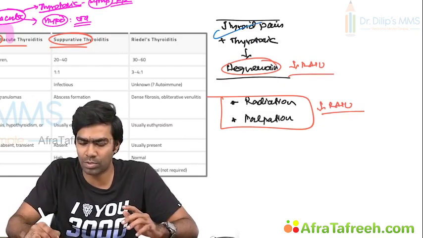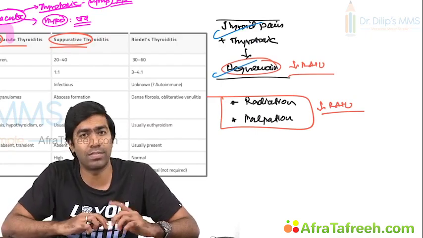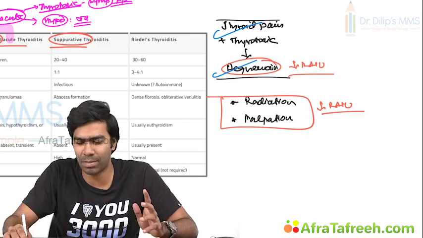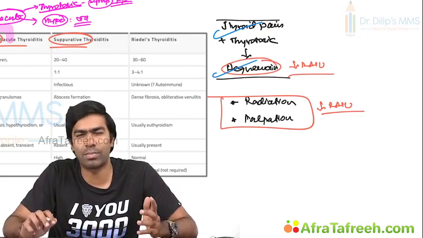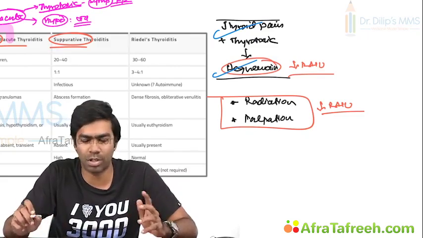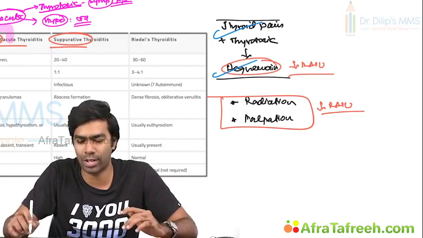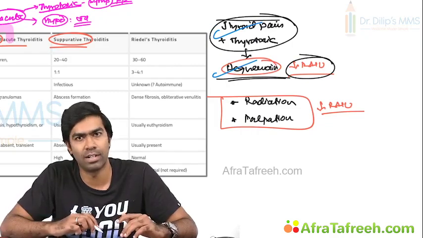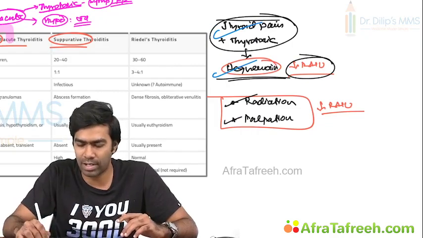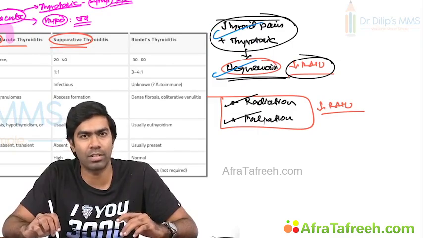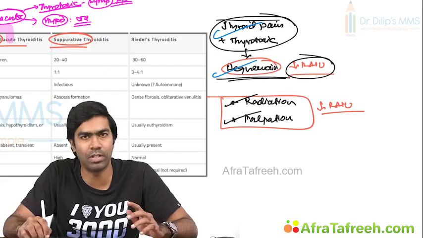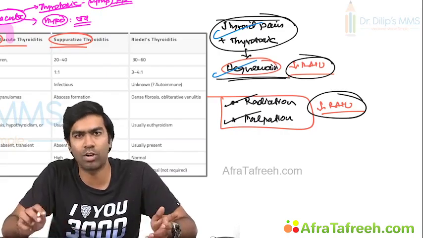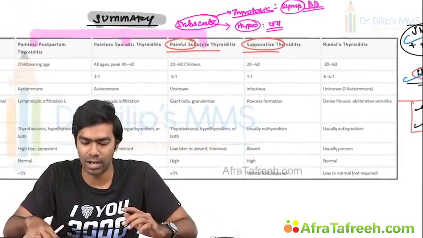But in exam, always go for de Quervain thyroiditis if they present with thyrotoxicosis. Radiation and palpation thyroiditis are generally going to present with a euthyroid or hypothyroid picture only. Thyrotoxicosis is generally quite rare. Thyrotoxicosis with thyroid pain is de Quervain, with low radioactive iodine uptake as definite evidence. Radiation thyroiditis and palpation-induced or traumatic thyroiditis will also come with thyroid pain, and they will also have a low radioactive iodine uptake only.